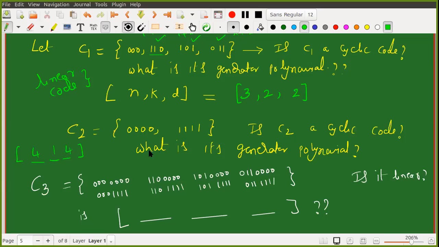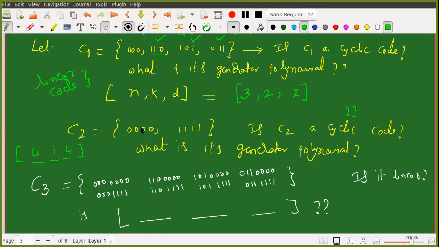Good. That is done. Is it a cyclic code? Yes, it is a cyclic code. If you wait for some more time, give me 5 more minutes, I will try to explain a few more things.